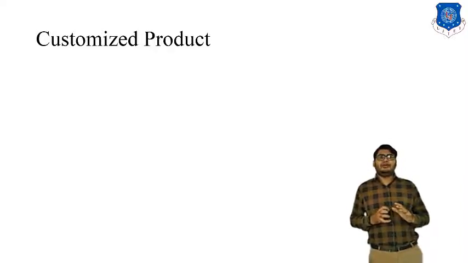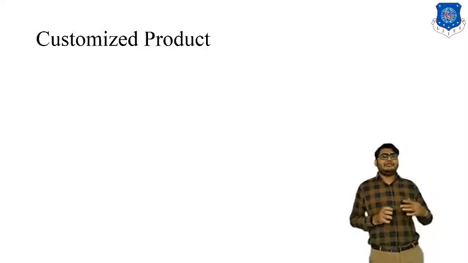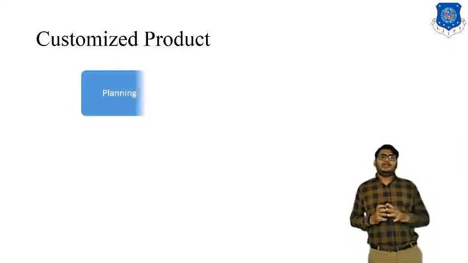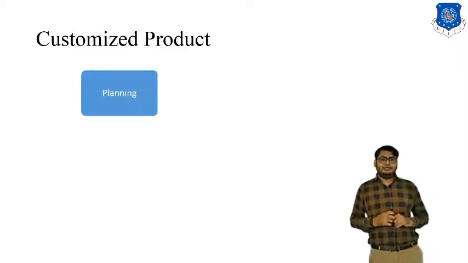So instead of doing much research and development, we want to make sure that our product is functional enough. We are not optimizing everything in customized products. So it will start with planning, as all other products start with.